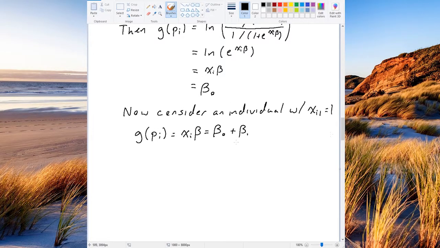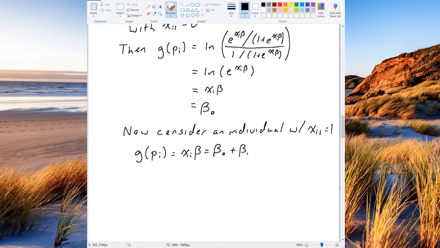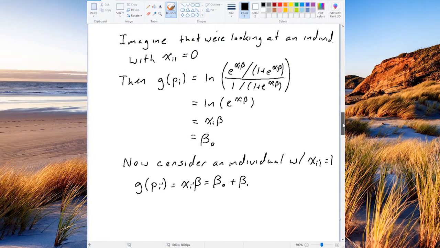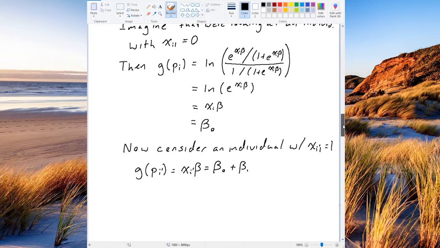And based on this, let's call this xi prime 1, pi prime, xi prime beta, to distinguish this from the one above, because I want to be able to talk about both of these at the same time.